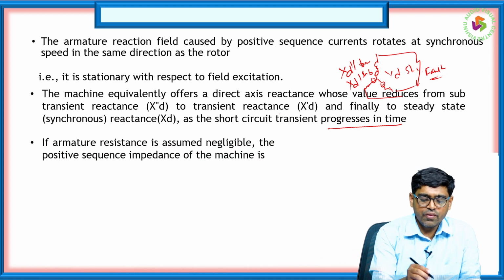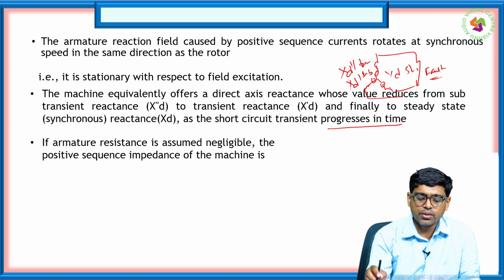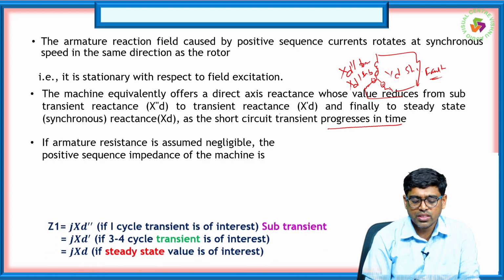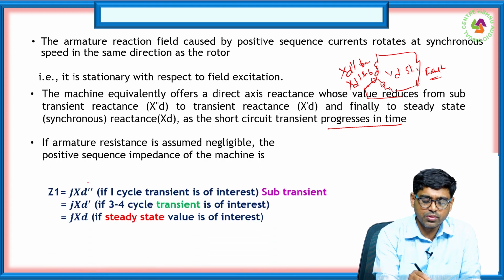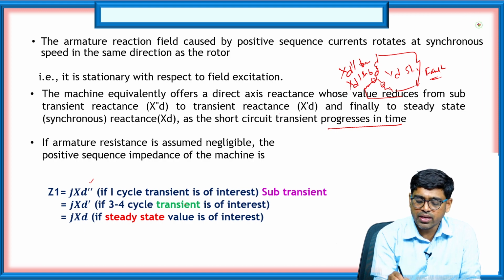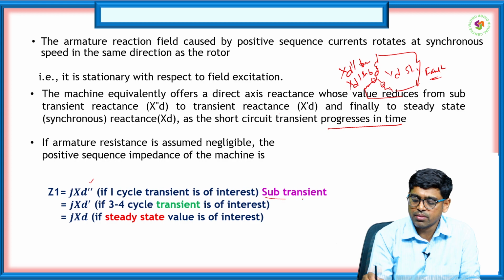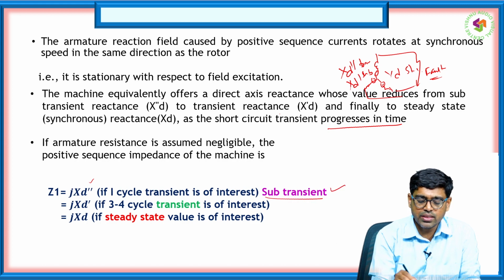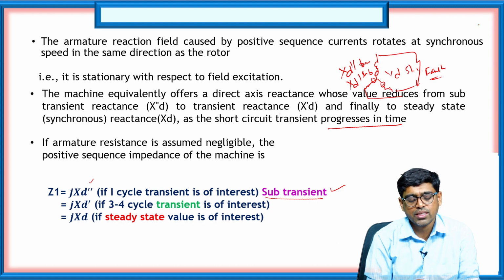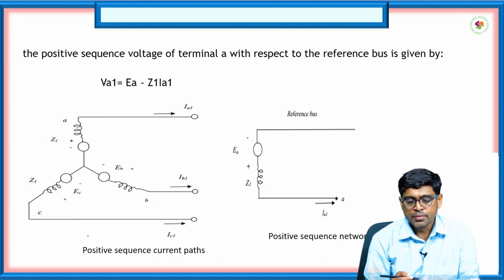So this is the reactance offered by the synchronous generator if the fault is at the terminal of the synchronous machine. If the armature resistance is assumed negligible, the positive sequence impedance of the machine is X1 equal to j times Xd double dash, Xd dash and Xd. The subtransient period is about one cycle, during transient it is 3 to 4 cycles, the Xd dash, and then it has a steady state value Xd.